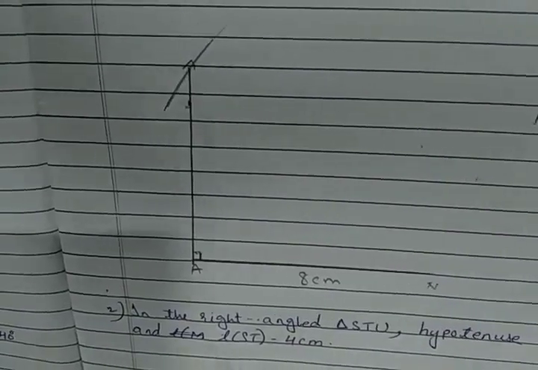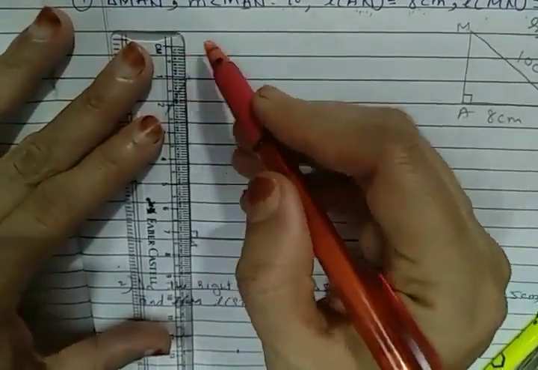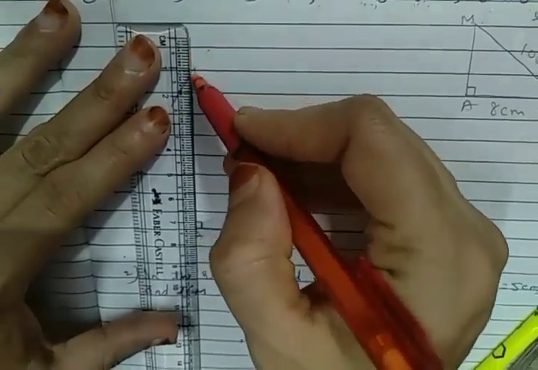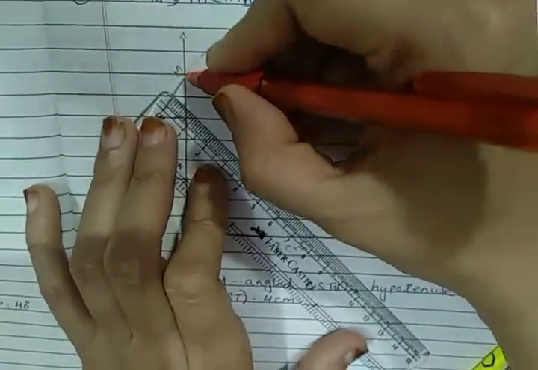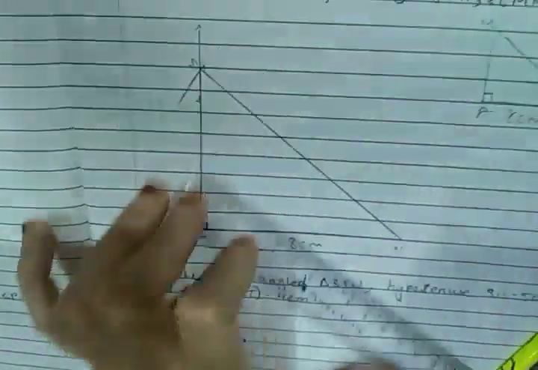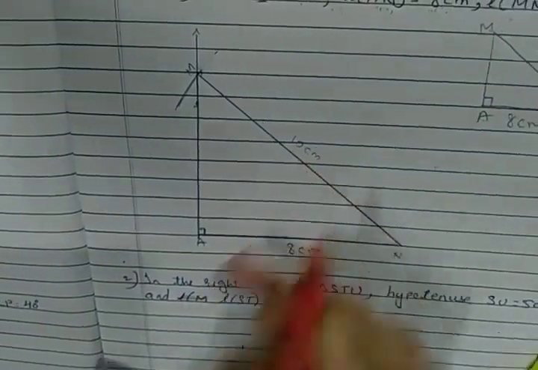Like this you have to draw. Just raise this line. Now we will get one point over here, that is M. Now join this point with point N. Have you understood? This will be what? 10 centimeter.